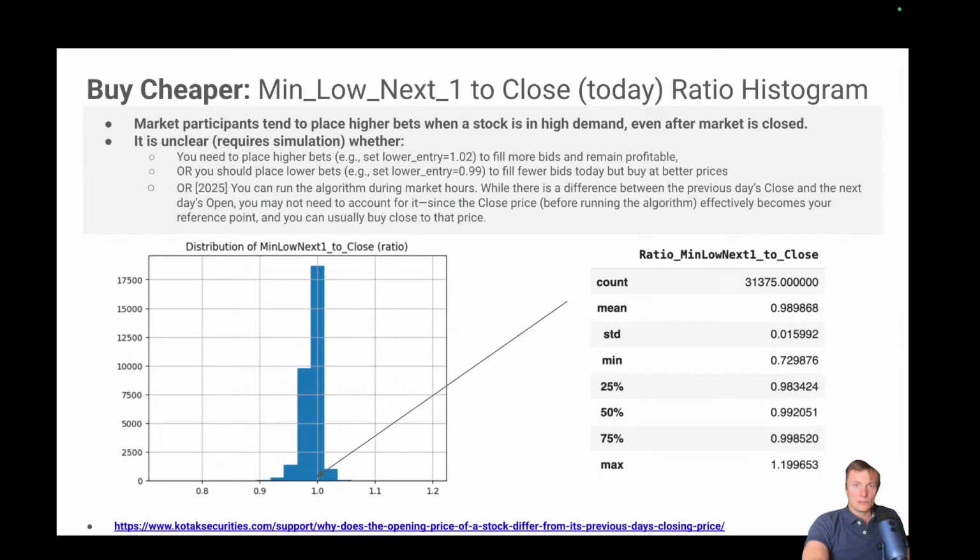So here is what you see. You can define a ratio: what's the distribution of the lowest price for the next day versus the closing price of today. And the distribution looks like this, that in many cases it's around 1.